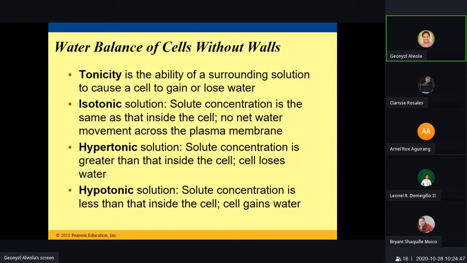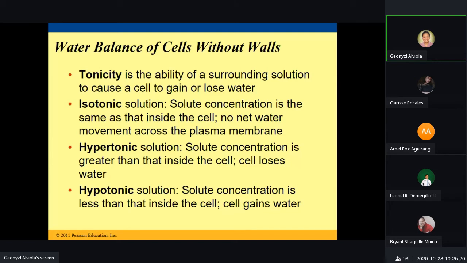So let's say nawad-an si cell og 30 ml na tubig from the cell going out. Pero ang entry ng water going inside the cell is only 5 ml. So, dili equal ang in and out of water. Mas maraming lumabas na tubig galing kay cell compared sa nisulod na fluid going to the cell. So, what will happen to the cell?